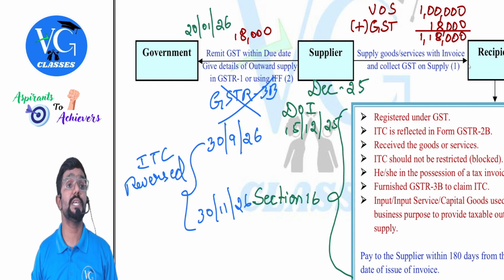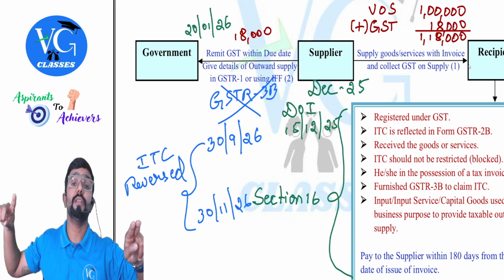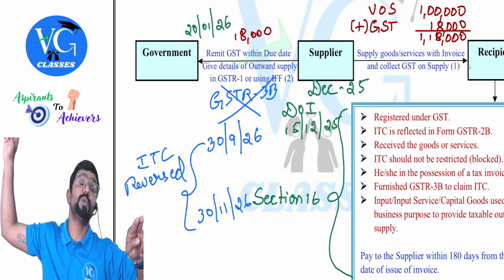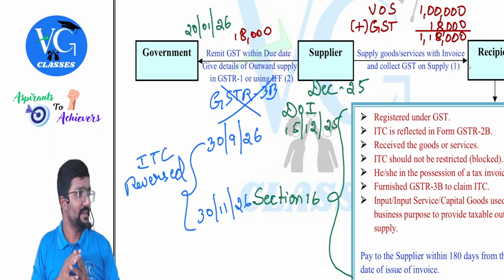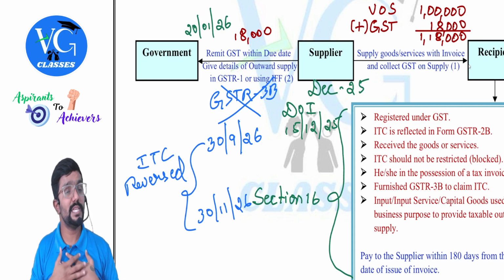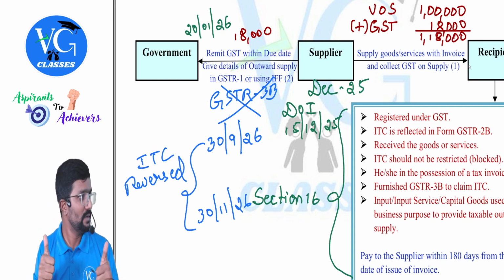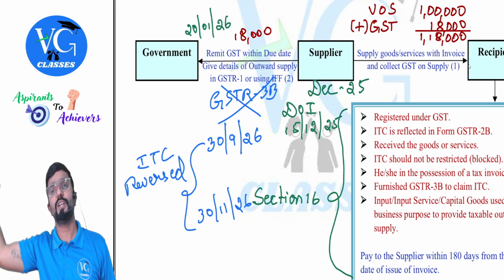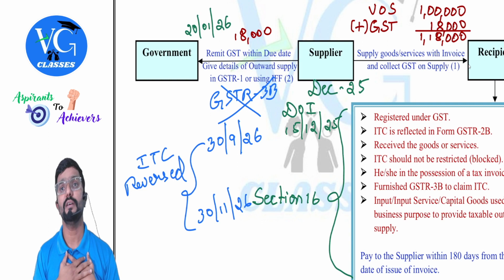Supplier filed GSTR 3B of December 2025 in December 2026. That is after the recipient reversed it. Now, once the supplier filed the GSTR 3B, can the recipient re-avail the credit? Yes, he can re-avail the credit. Sir, what if it is after 2 years, after 3 years also? He can re-avail. Recipient can re-avail.